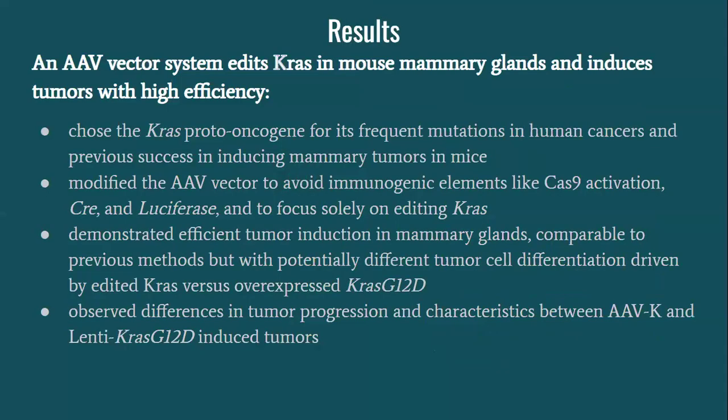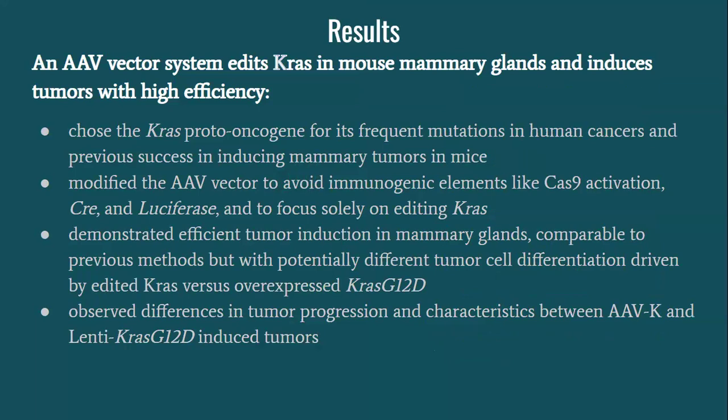Afterwards, an AAV vector system was also used. This KRAS proto-oncogene was used for its frequent mutations in human cancers and previous success in inducing mammary tumors in mice.